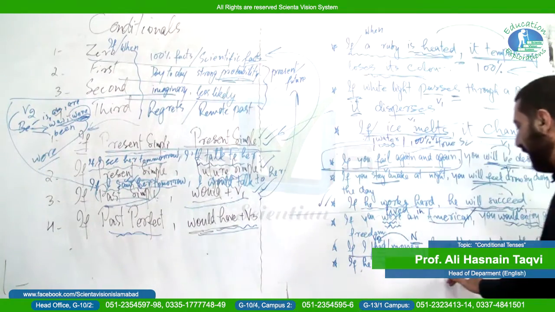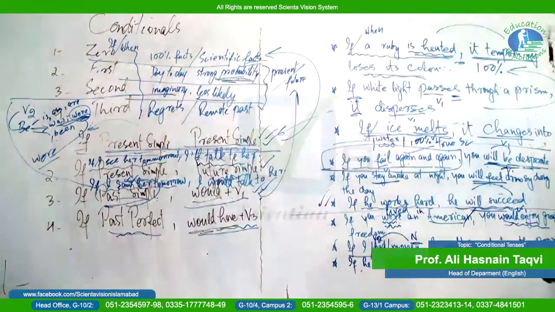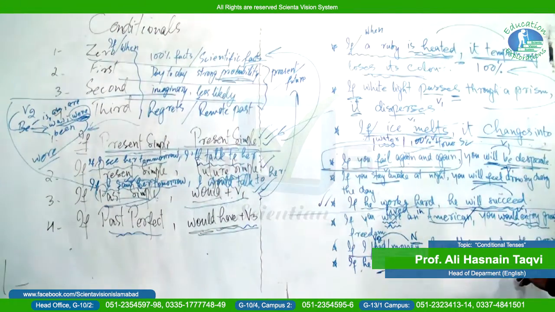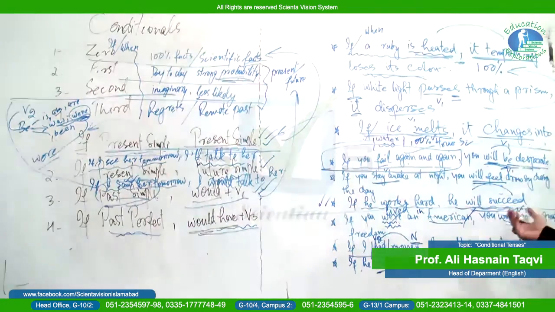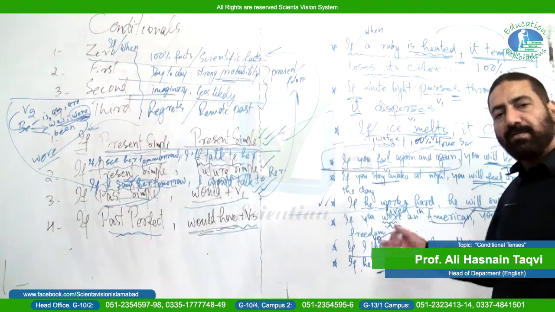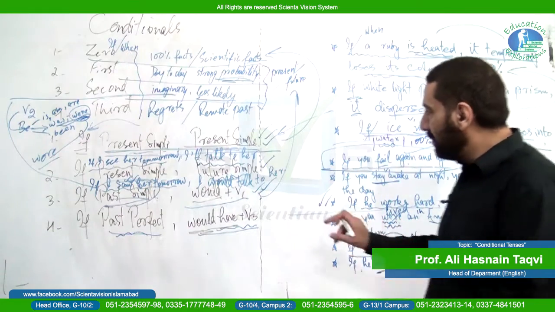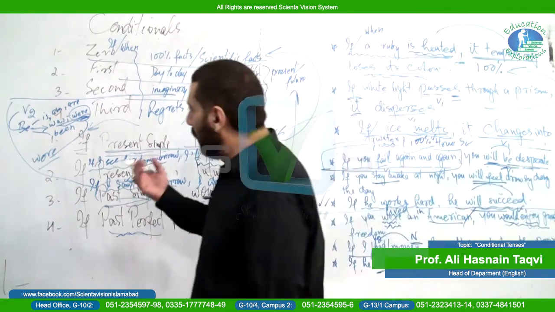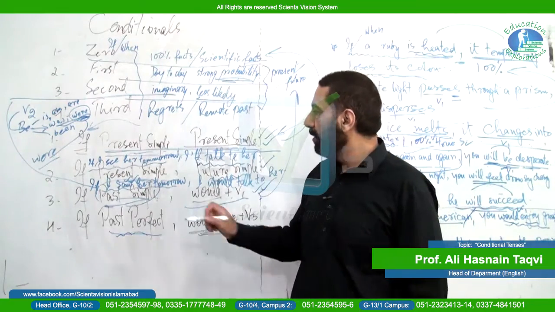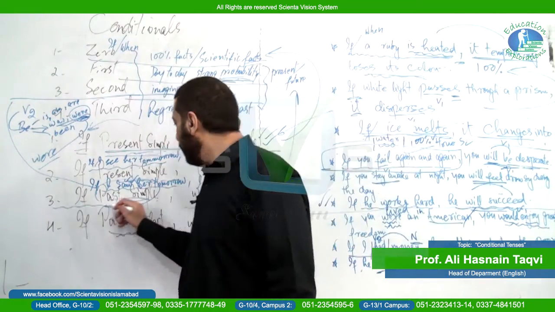If he ran away in time, he would save his life. V2, would, V1. Perfectly all right. Your examiner has to change things here, where there is a set of rules, he would violate them, and it is your job to understand how he has violated. So hopefully you have become clear so far.